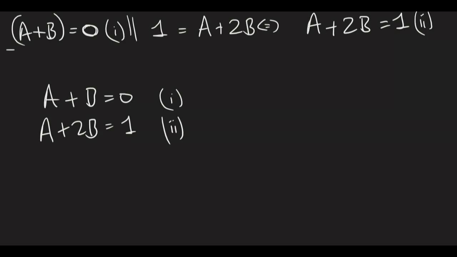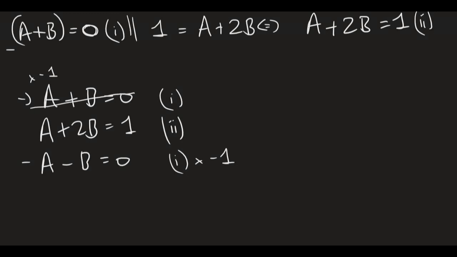We can subtract our first equation from our second equation. So we can write that out again: minus a minus b equals 0. We just multiplied this top equation by minus 1, and then we don't need to use that anymore.